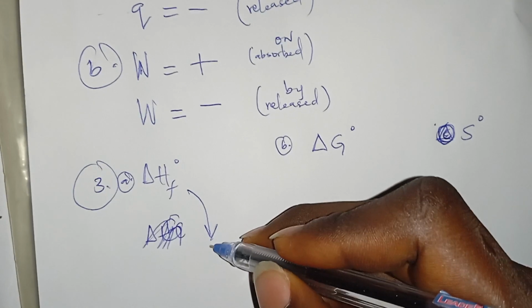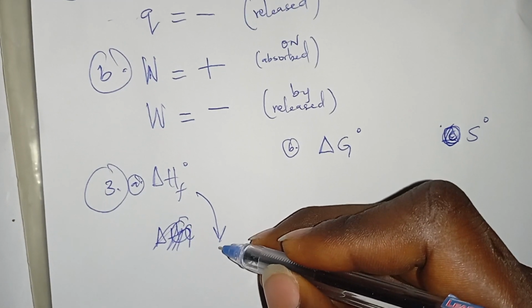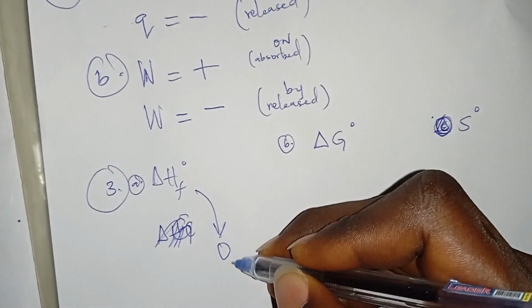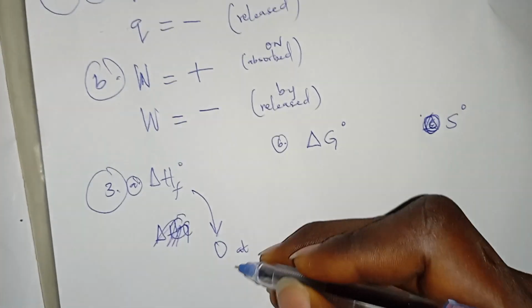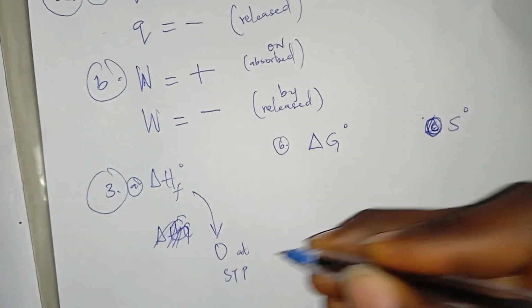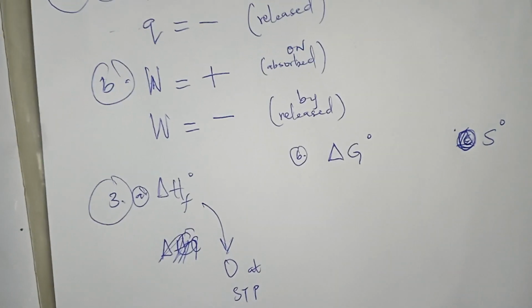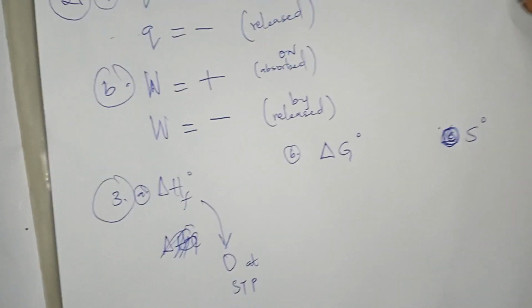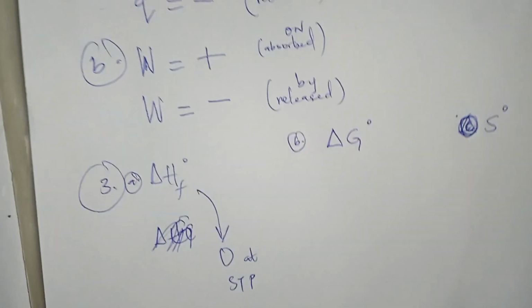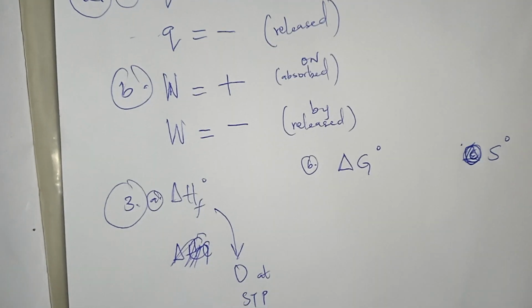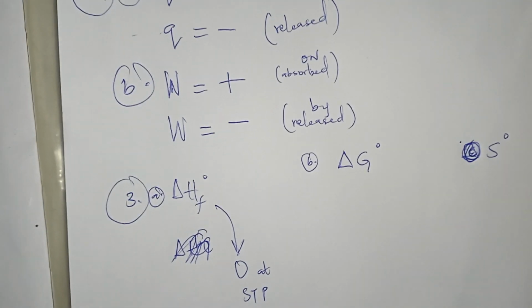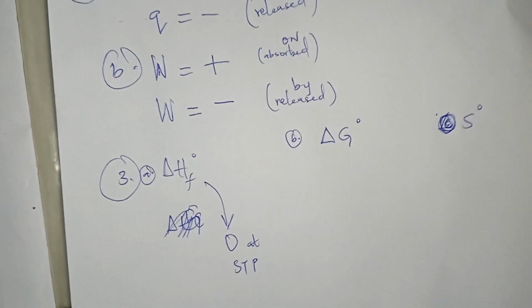For pure elements, the heat of formation, enthalpy, is 0 at STP. Oxygen, hydrogen, any pure elements are said to be pure compounds, so when you have them, it's going to be 0 at STP.